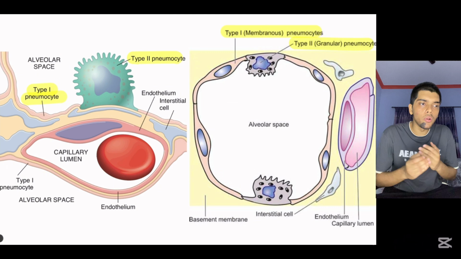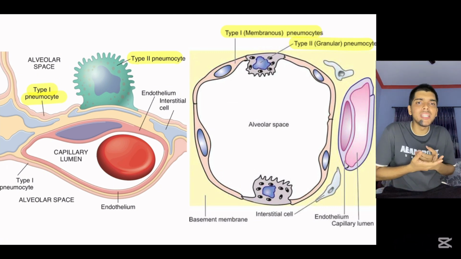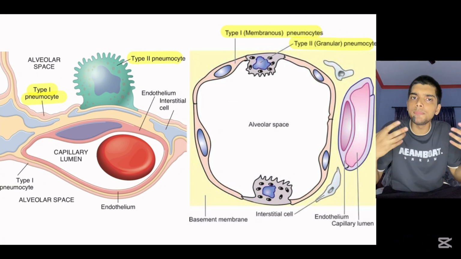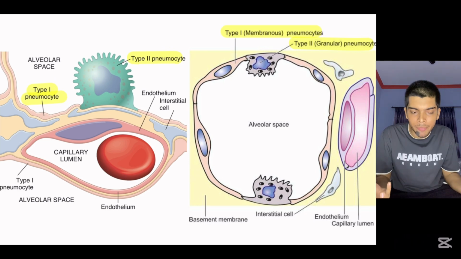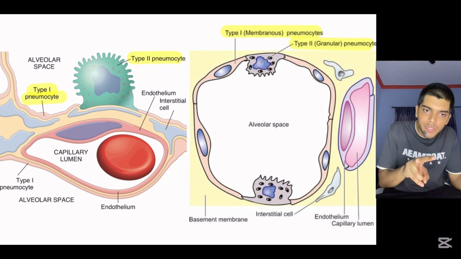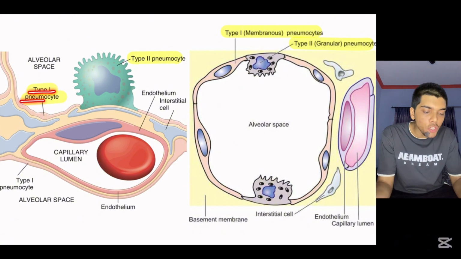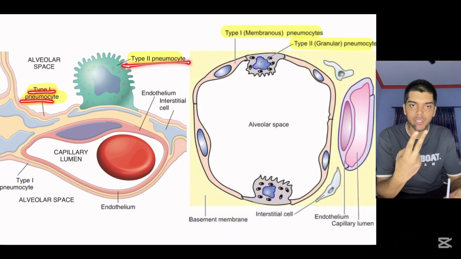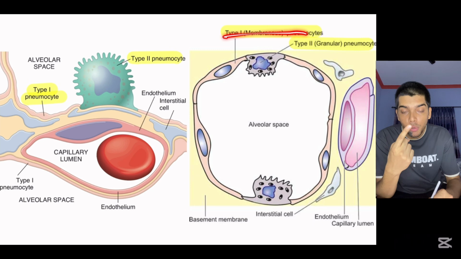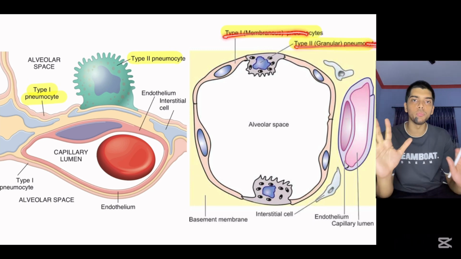Lung. If you look at the lung parenchyma, you will see lots and lots of air-filled spaces, and these are your alveoli. The alveoli are lined by two types of cells, type 1 pneumocyte and type 2 pneumocyte.